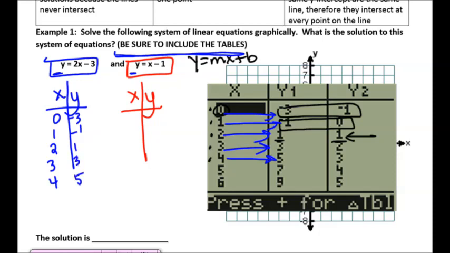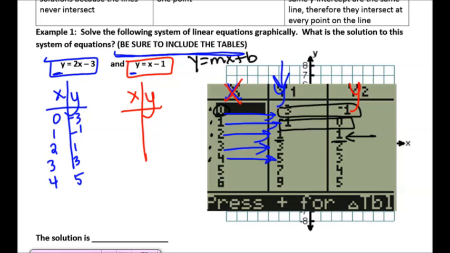Okay, so just to be clear, what is this table showing us? I just want to make sure that we all understand. This table is showing us the x and y values for both lines. So you're going to use the first y table for the points for the first line, and then you're going to use the same x's and then the y2's for the second line, okay?